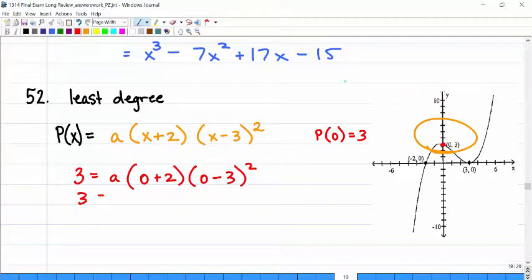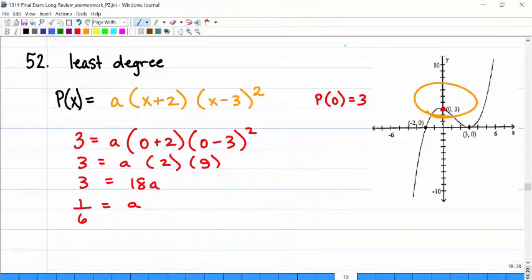So 3 equals a times 2 times negative 3 squared, which is 9. So if 3 equals 18a, a is equal to 3 over 18, which is the same as 1 over 6.